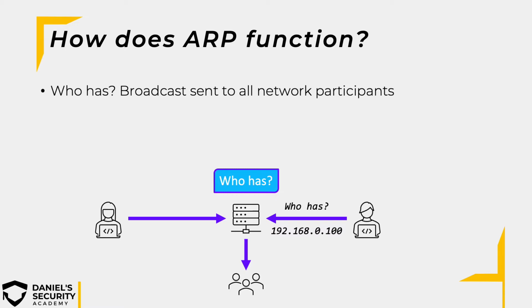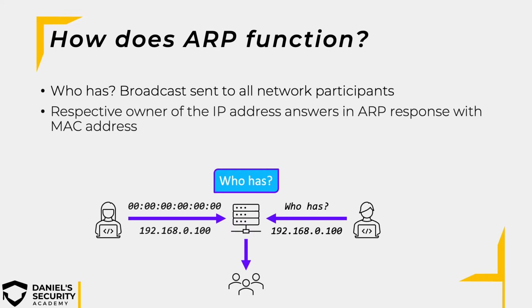If you go to Wireshark and sniff the packets, you will find the packet saying who has, followed by the IP address, and someone will respond with his or her MAC address, which is pretty much done by the owner, but it could also be done by a network device which has an ARP table to respond to the ARP request.